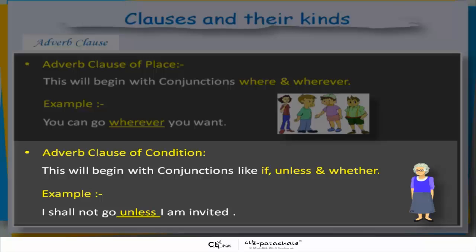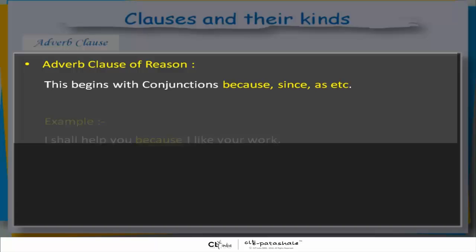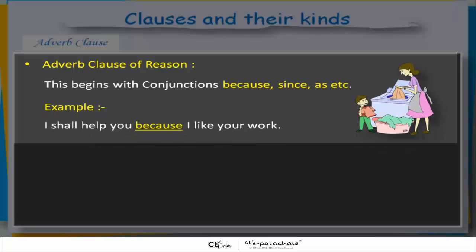I shall not go unless I am invited. Adverb clause of reason. This begins with conjunctions like because, since, as, etc. Let's see an example of an adverb clause of reason. I shall help you because I like your work.